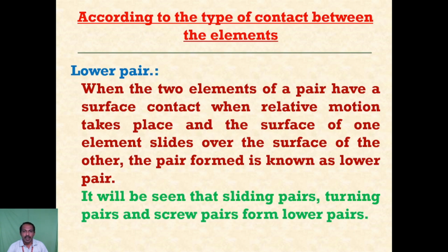When two elements of a pair have a surface contact, note this, when relative motion takes place, it is known as a lower pair. For example, the sliding pair, turning pair, and screw pair are examples of lower pairs.